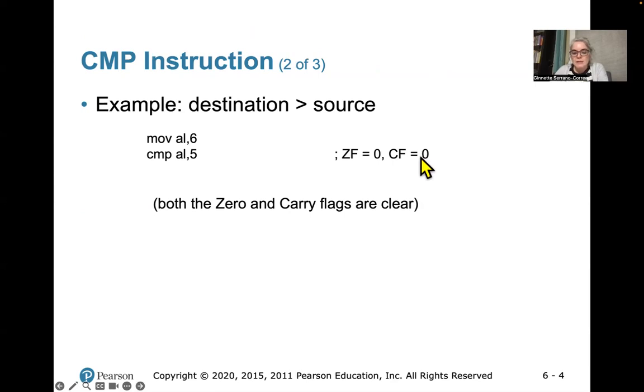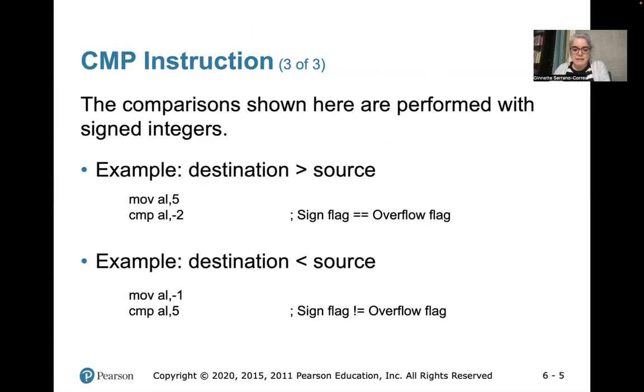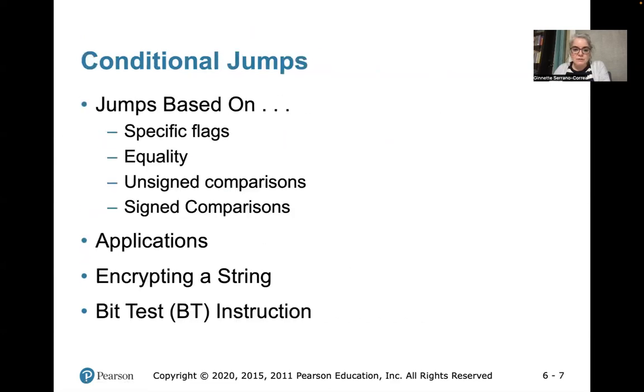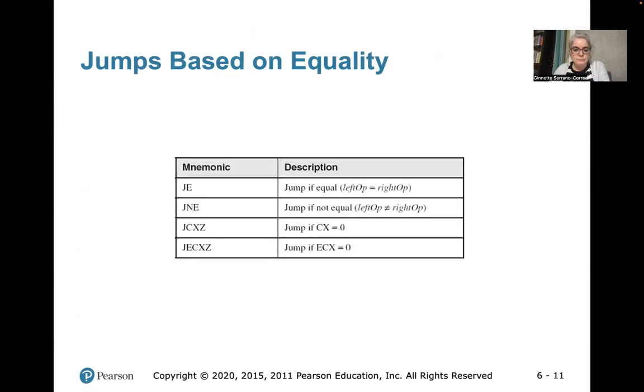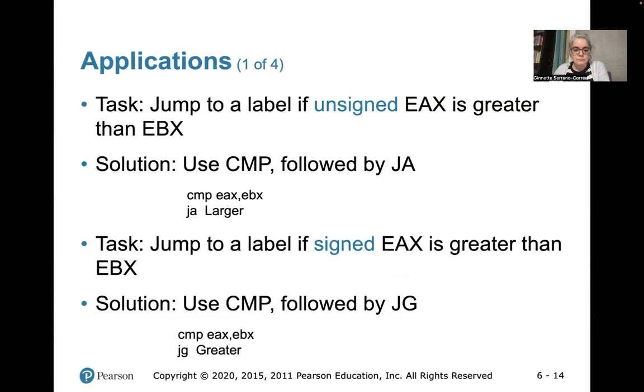What I want you to think is, this is not anything that you have to be concerned about, but this instruction, JA, what it does is it checks those flags. JA checks the zero flag and it checks the carry flag.